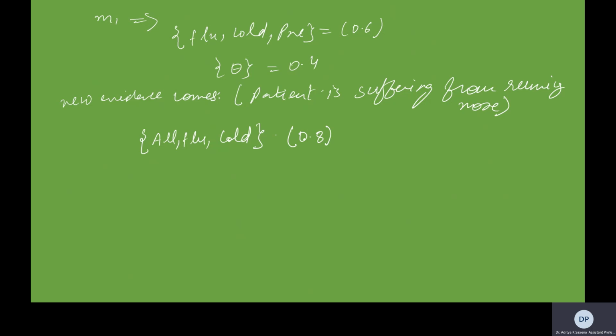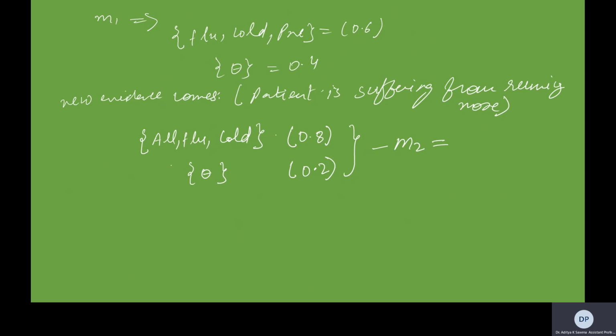This will be provided to you, so don't worry about it. Then the rest will be 1 minus its belief value, because the total sum of the belief values cannot be greater than 1. So this becomes your M2.